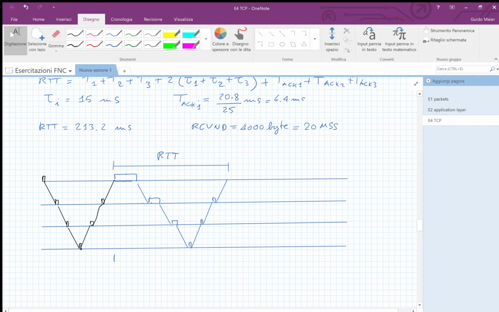So what is, in this case, the congestion window? At the beginning of the session, the congestion window is one.